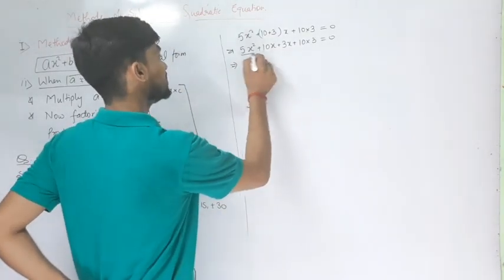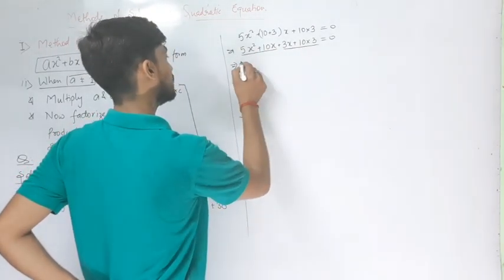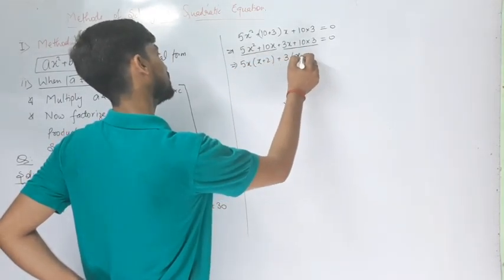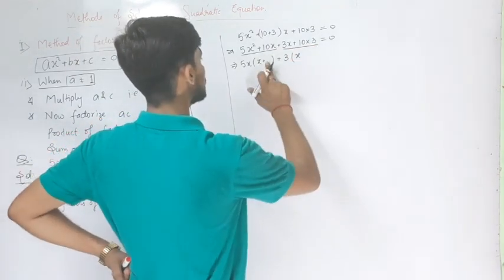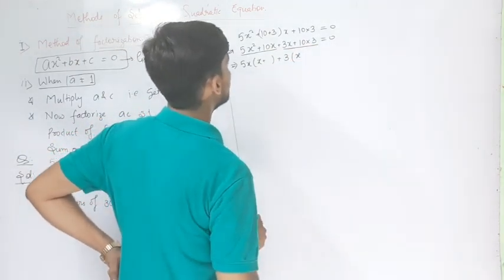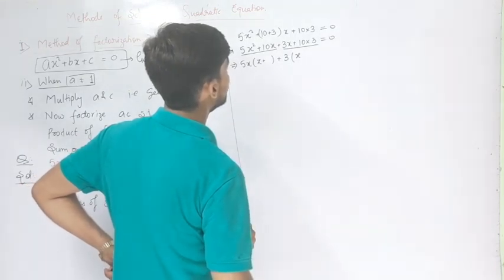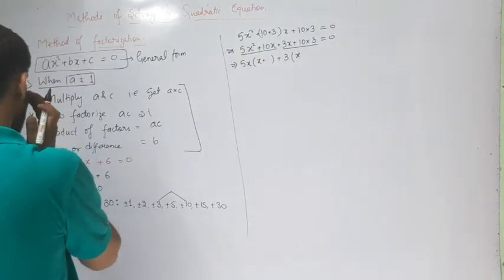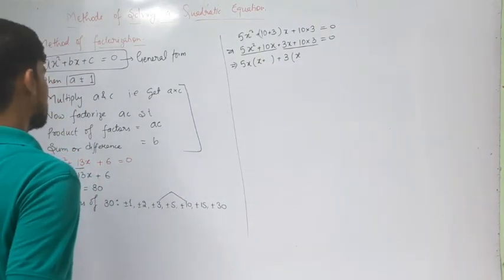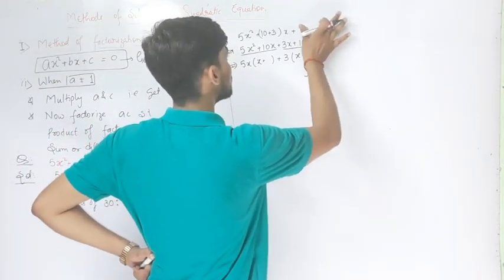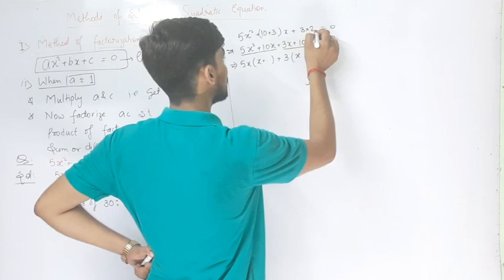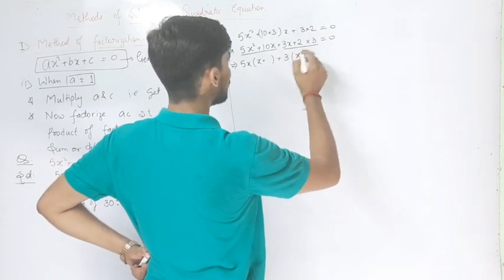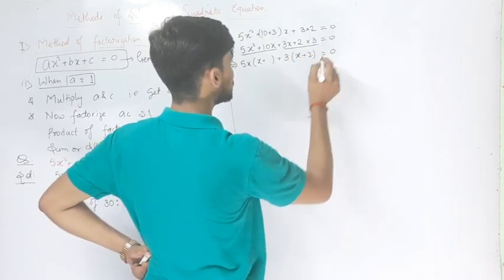Now, among these two, what we can take common? 5x, x plus 2 plus 3, sorry, this is 6, na? So, we shall write x plus 2 equals 0.